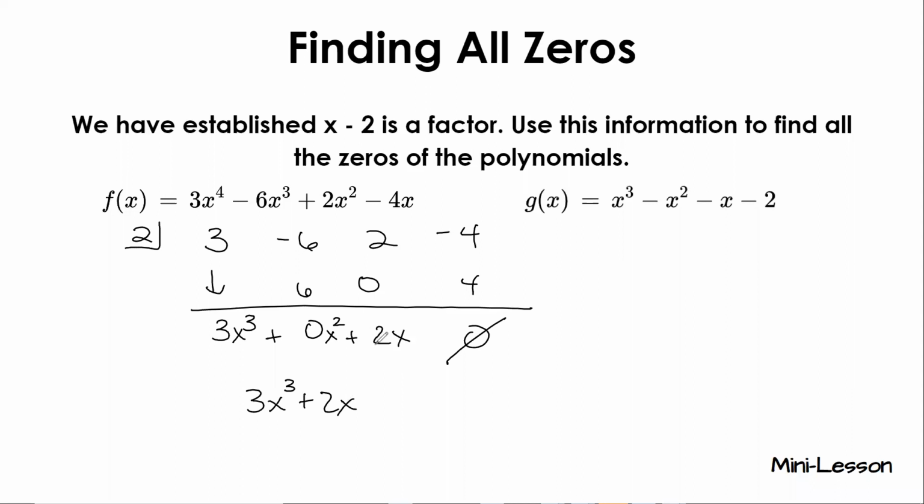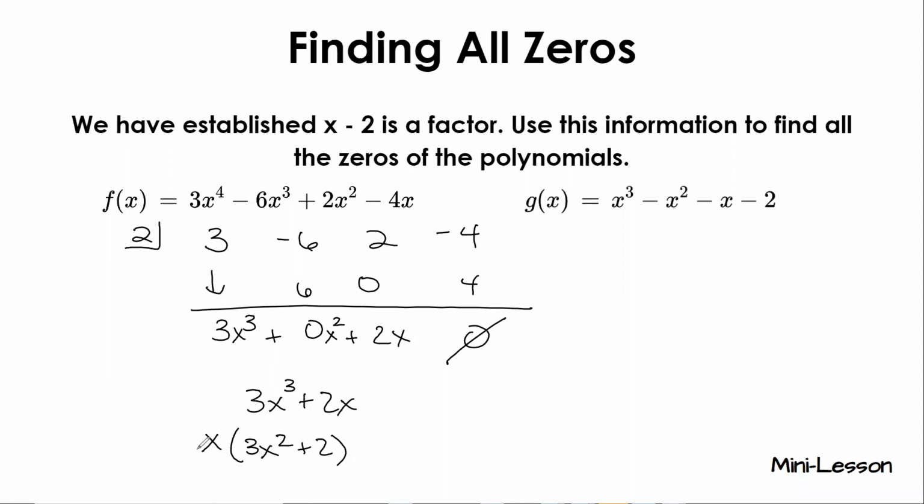Watch this part, ready? What can we take out from this? Just a regular x, right? So we're going to pull out an x, and we're left with 3x squared plus 2. Now that we have this, we can also find the zeros.